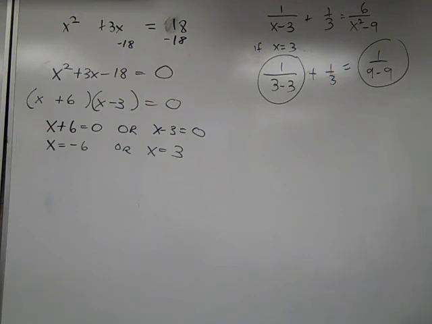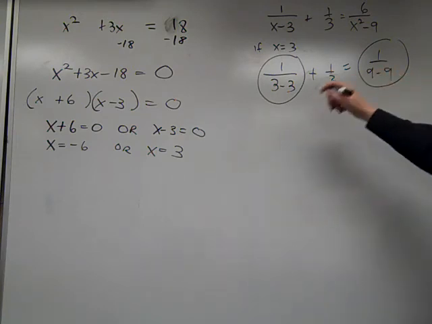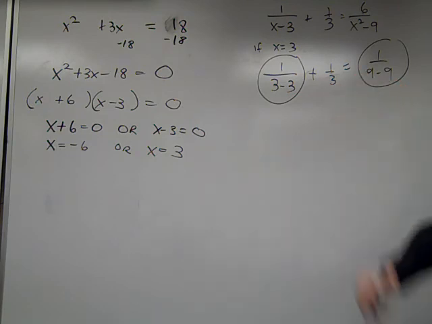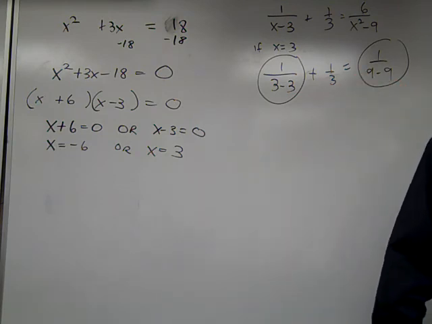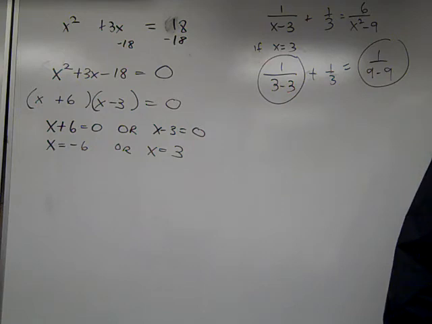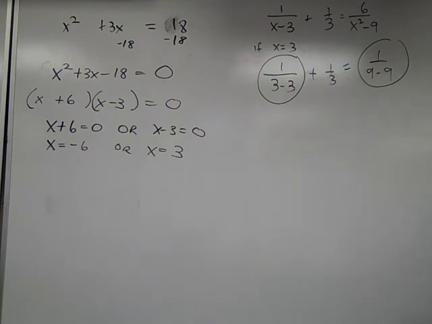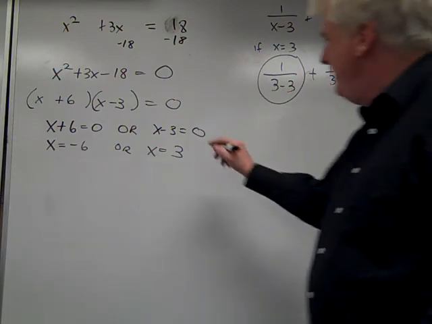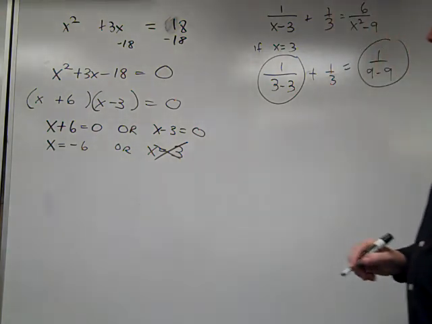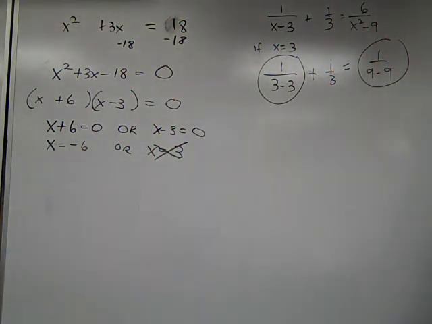And that doesn't work. So 3 is what we called an extraneous solution, or that's what the textbook calls an extraneous solution. I fade back from that because some people think of extraneous solution and think it's some type of solution. It's no type of solution at all. X equals 3 simply does not work.